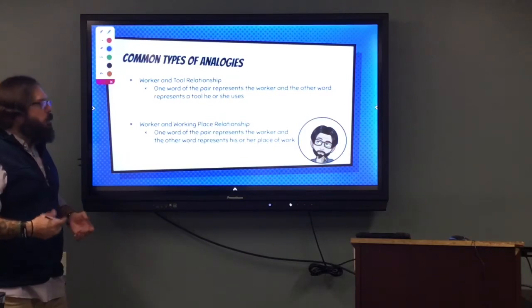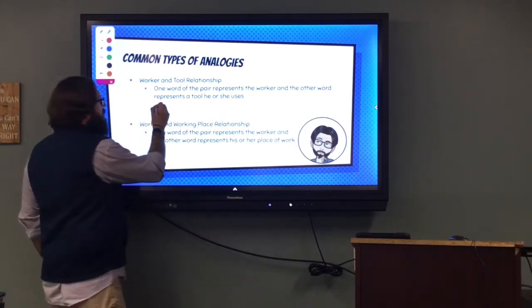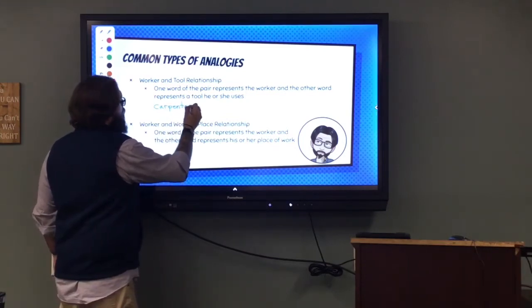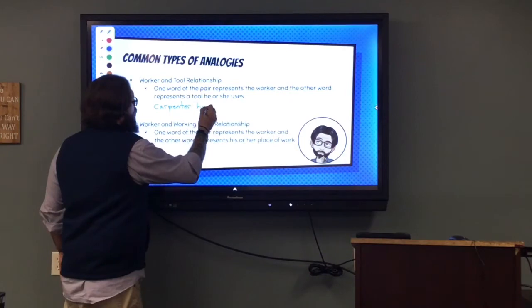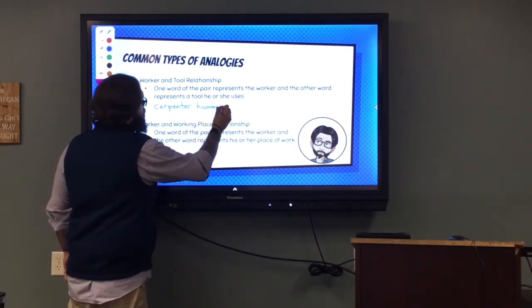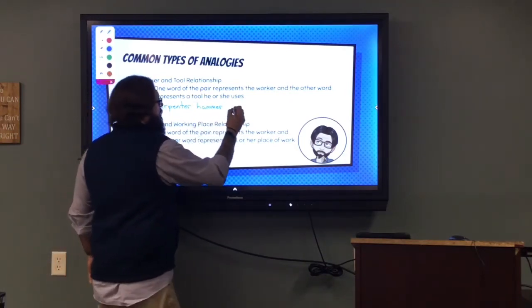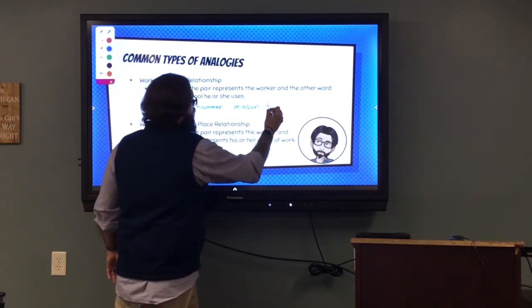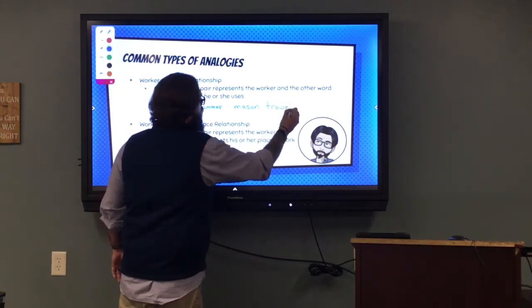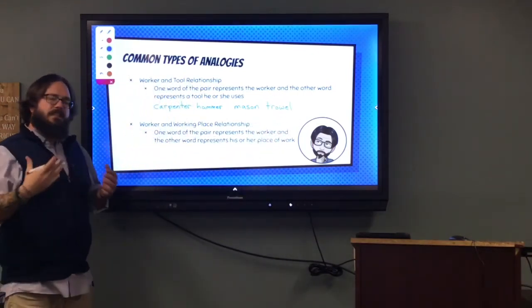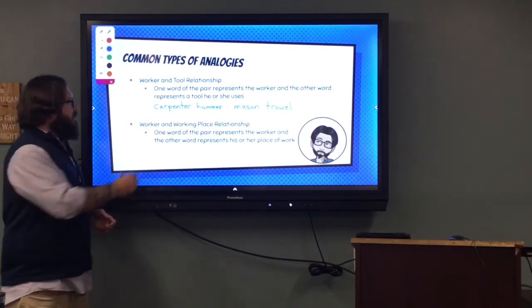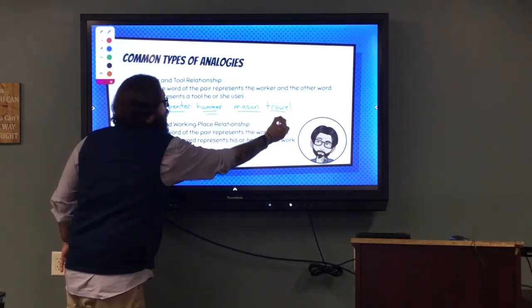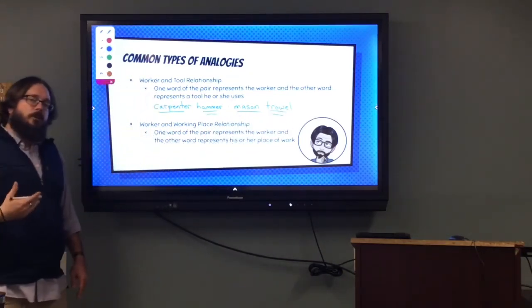An example of the worker and tool relationship would be carpenter is to hammer as mason is to trowel. So here we see two pairs of words that represent the worker and the tool that particular worker uses.